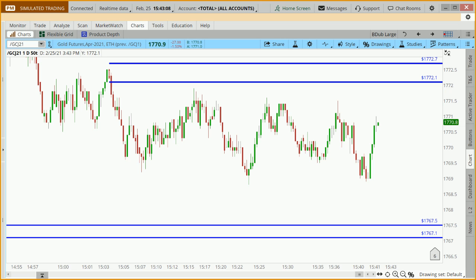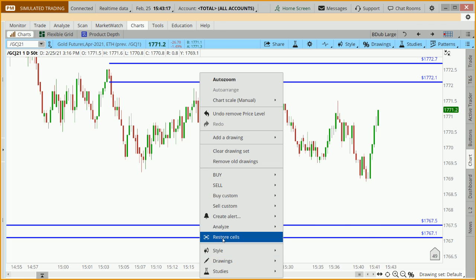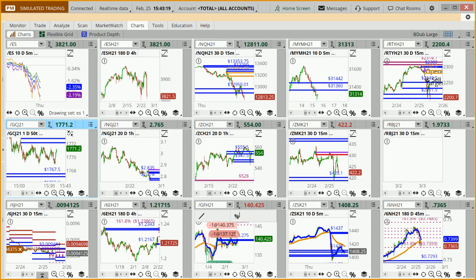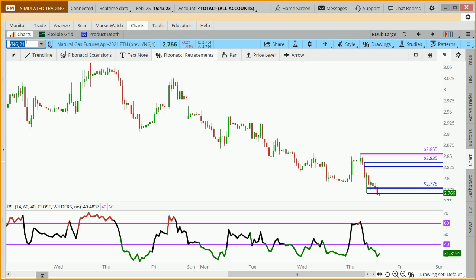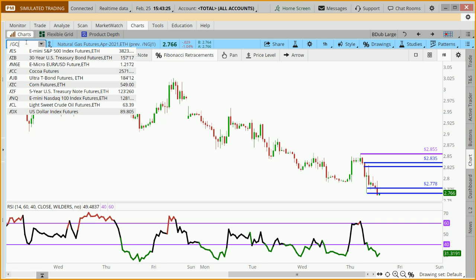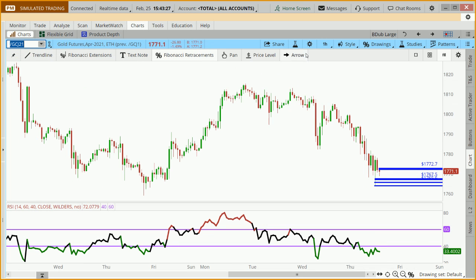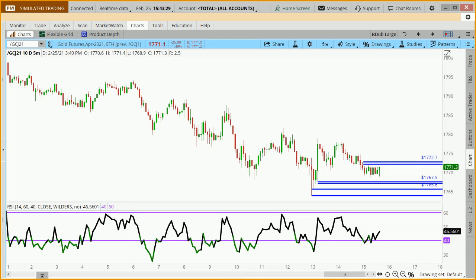Trying to think of what this might be comparable to on a time-based chart so we can take a look at the two. We could try maybe a 5-minute chart. Let me see. I'm going to keep this chart and open up one next to it. So once again, I'll just go GCJ21, and let's try that 5-minute time frame.